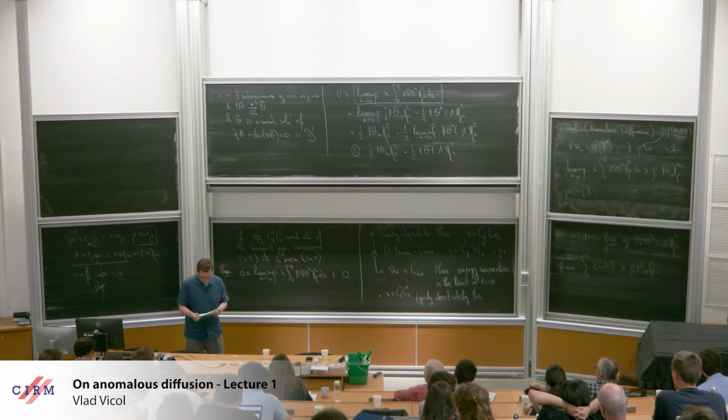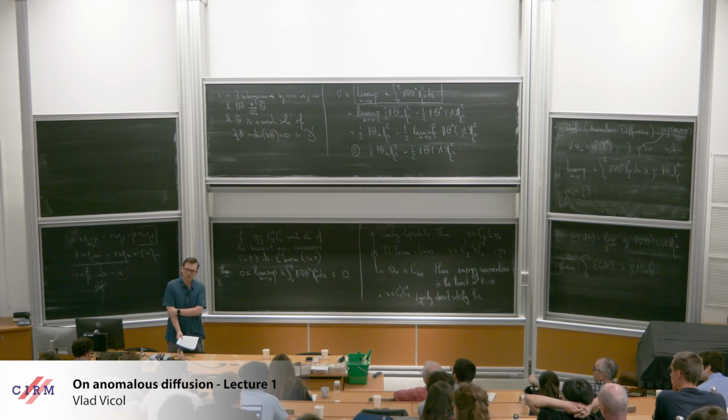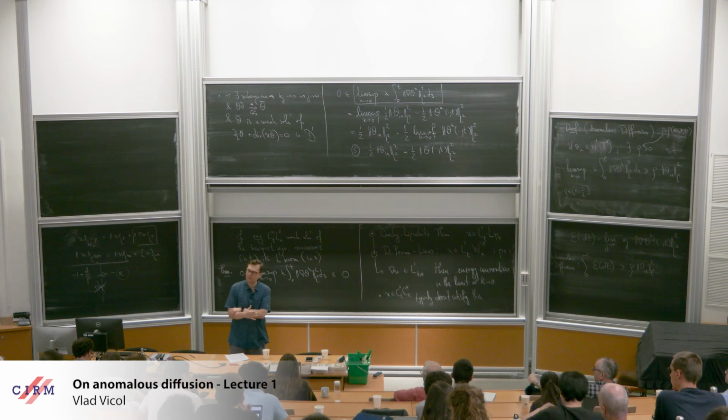Yeah, for sure. The physicists would say anomalous diffusion is when the scalar dissipation goes to a finite limit when kappa goes to 0. Right. So here I'm assuming something slightly weaker. I'm not postulating that there is a limit, but just that it's bounded from below.